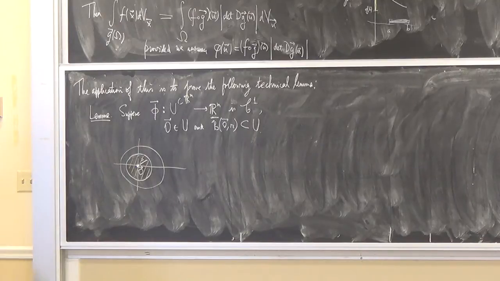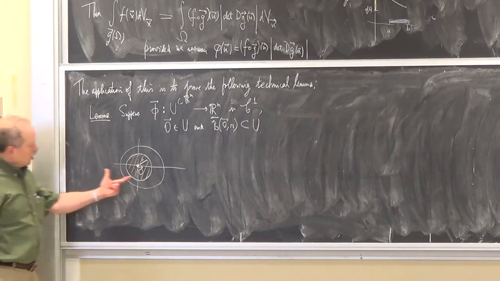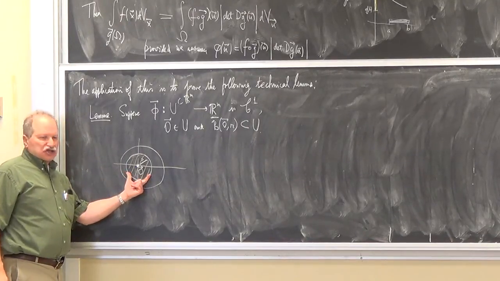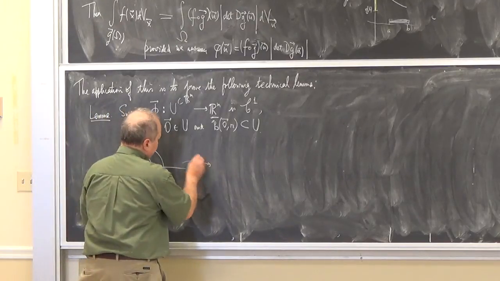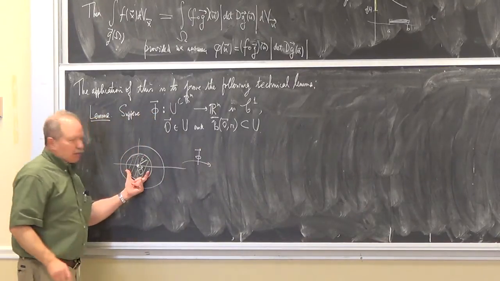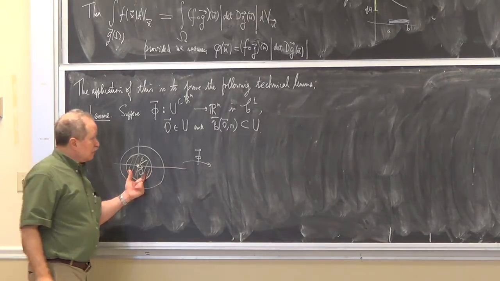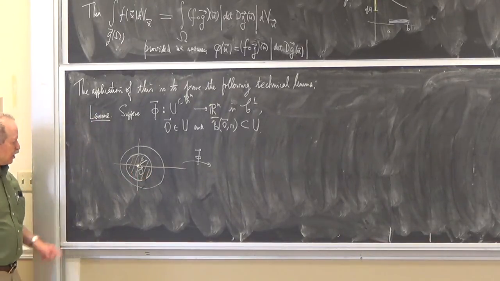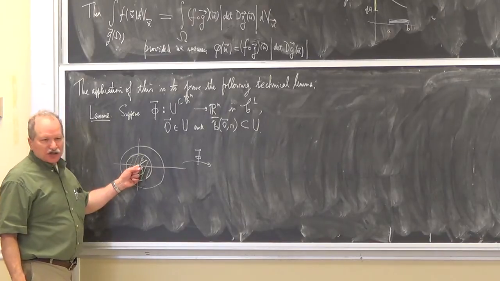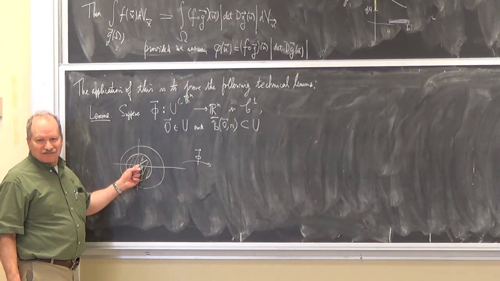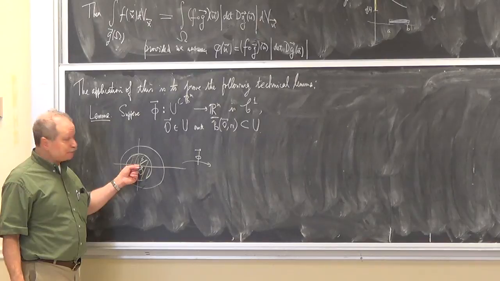So here's what I want to say. I'm interested in knowing how much, when you map by phi, how much does this ball distort? Well, suppose phi were the identity function. Not at all. It wouldn't distort at all.